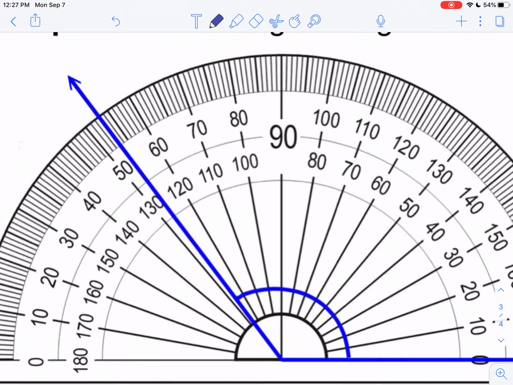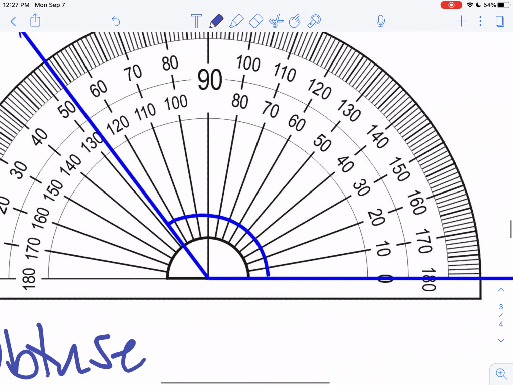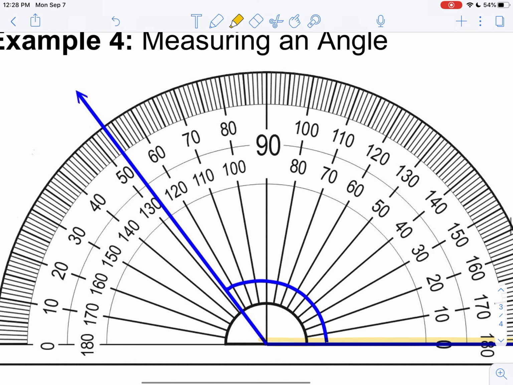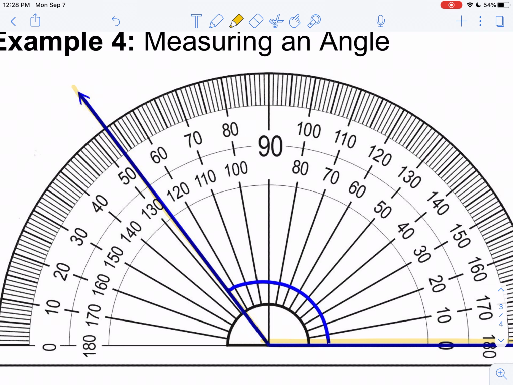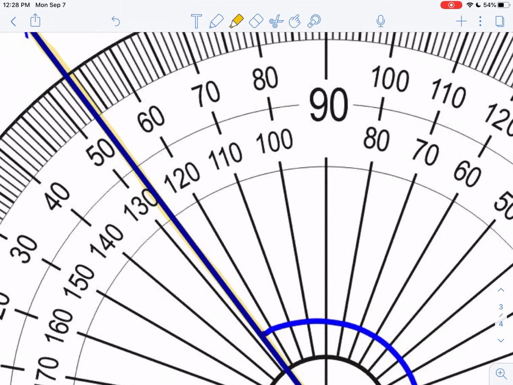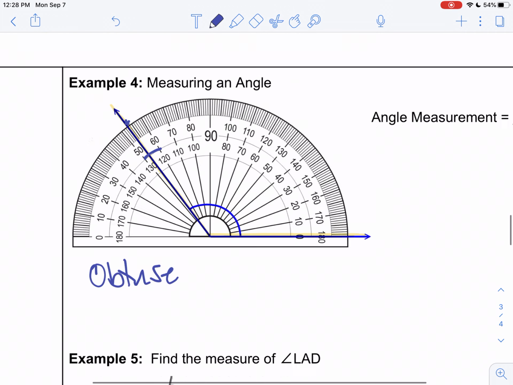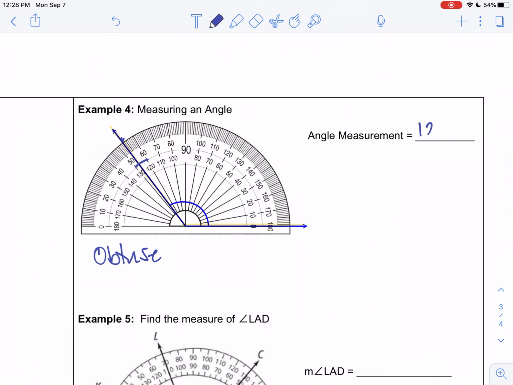My ray over here on this right-hand side is already lined up with the 0 degree. So I notice that I'm hanging out between the 120 and the 130. And I am 2 little dashes past that thicker line in between, and that thicker line is going to be 125, so 127 degrees, pardon me.